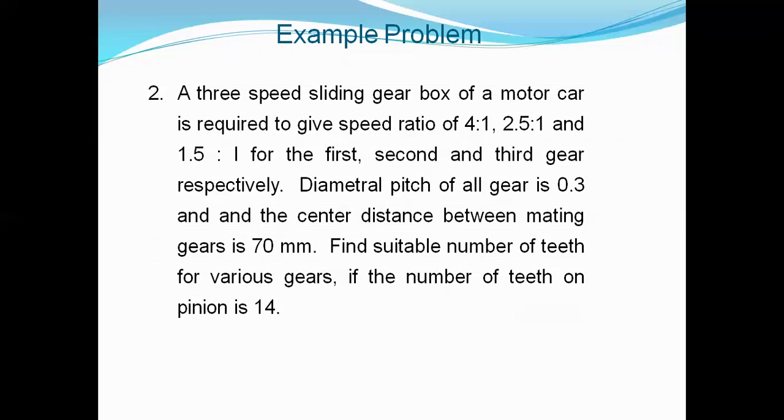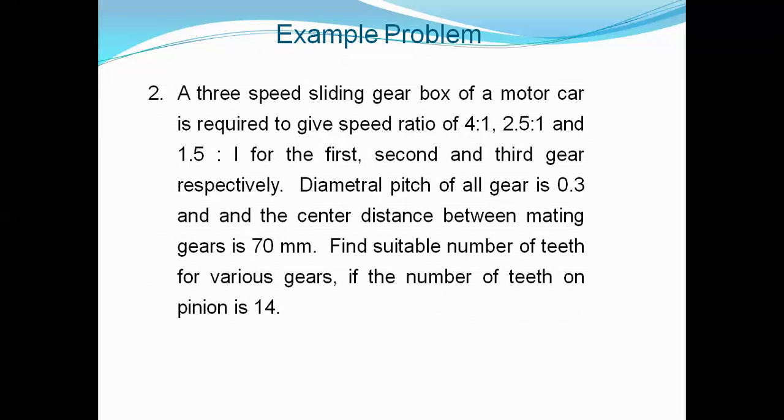A 3-speed sliding gearbox of a motor car is required to give speed ratios 4:1, 2.5:1 and 1.5:1 for the first, second and third gear respectively.